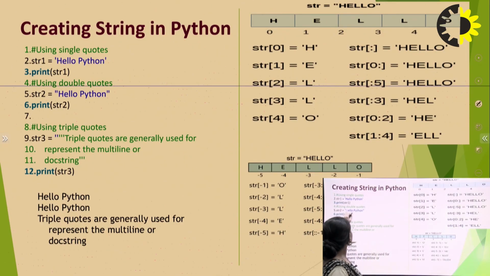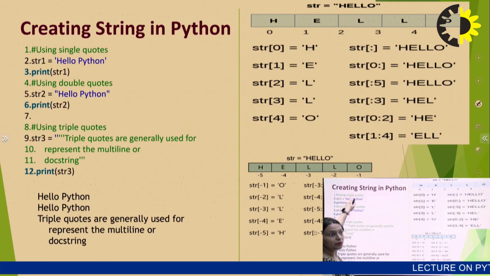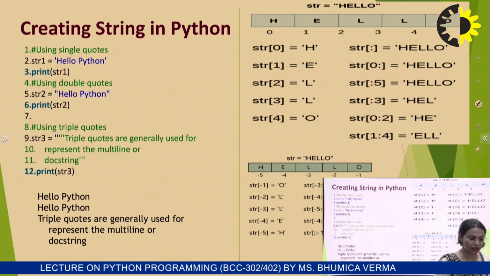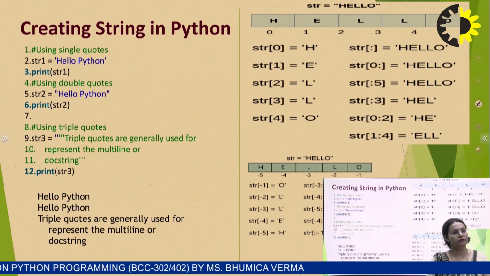So this is how I am creating a string: string 1 is equal to hello Python. This is the first example, and I have created the string using the double quote as well, and in both cases the output of the string will be hello Python. Then third is the triple quote. Triple quote is basically used when I have data that goes beyond one single line.